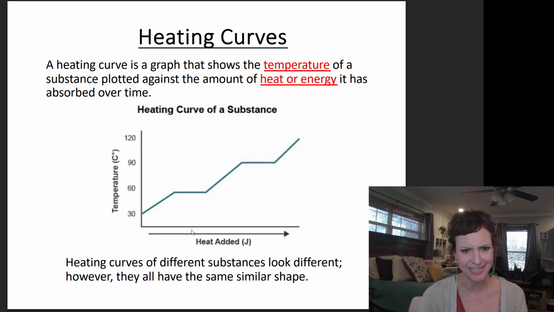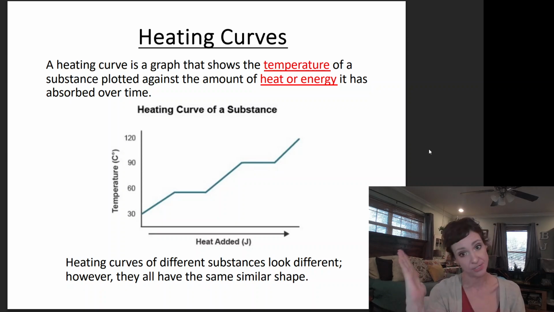Okay, so I'm looking at this. As I'm adding heat to my substance, I'm noticing a temperature change, always going up, because heat added will help increase the average kinetic energy of matter, which we will see as a rise in temperature. Heating curves of different substances may look slightly different, like where they are on the temperature scale and how steep some of these slopes look.